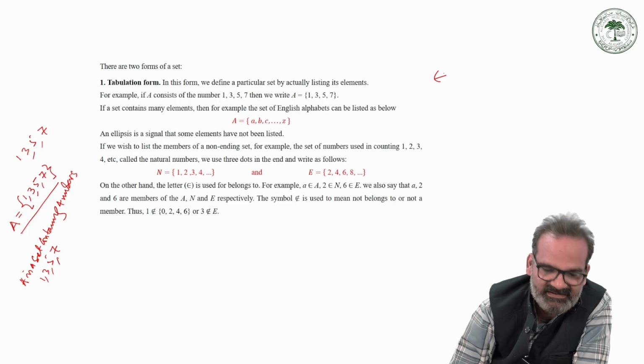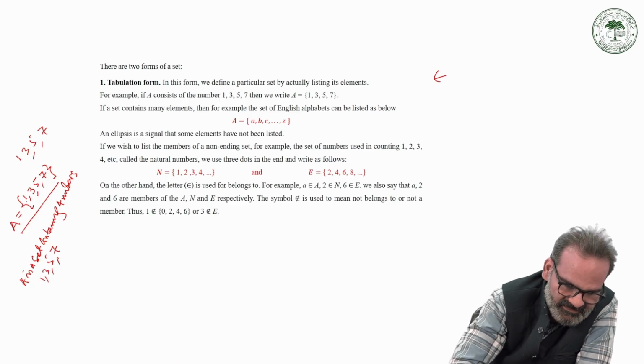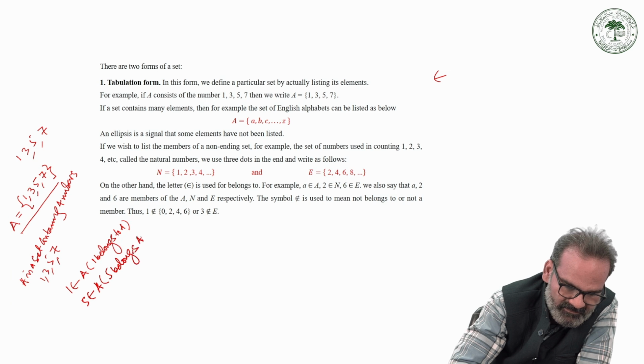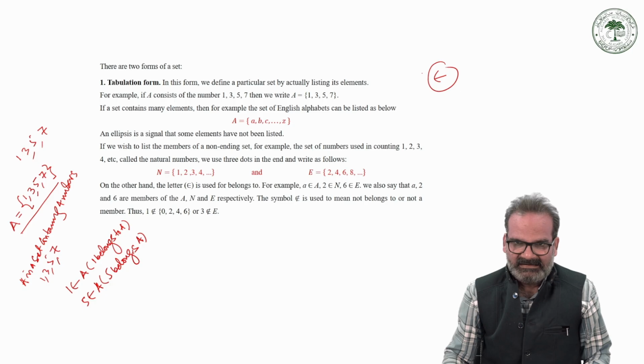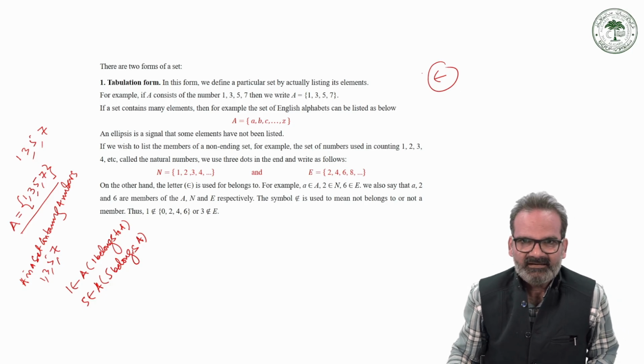So how do we write it? 1 is an element of A, then we write 1, this symbol, A. It means 1 belongs to A, right? Likewise 5, this symbol, A, it means 5 belongs to A, right? This is how we can use the symbol in the context of a set.